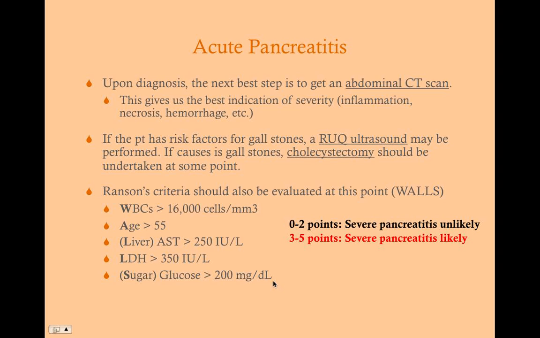If the patient has 3 to 5 points out of these 5, then severe pancreatitis is likely, and we should presumably start treating them as severe pancreatitis, and that means ICU admission, possibly antibiotics. But don't forget that the number one best indicator of severity is not Ranson's criteria, it is the CT scan.